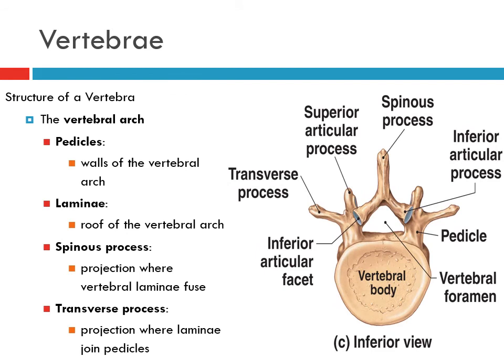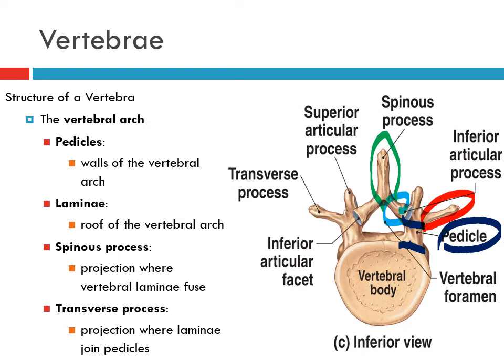The vertebral arch has multiple parts to it. The first part is the pedicle, and the pedicle connects the vertebral body with the transverse process. That's the transverse process in red. The spinous process is in green here, and the lamina, which is in blue, connects the transverse process to the spinous process.